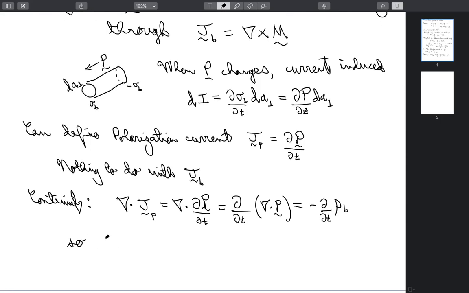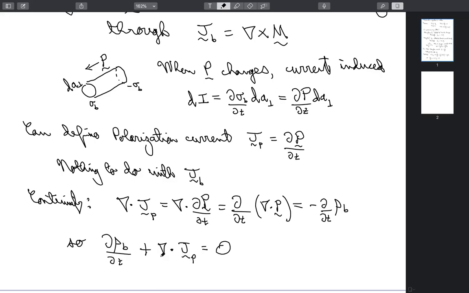Okay, so indeed we have a kind of continuity equation for the bound charges, which just tells us that the following relation is obeyed. So if you want, the polarization current is the current associated to the conservation of bound charges.